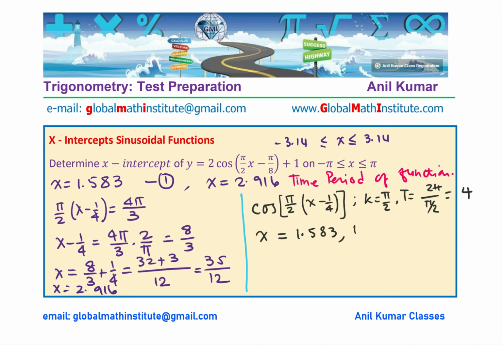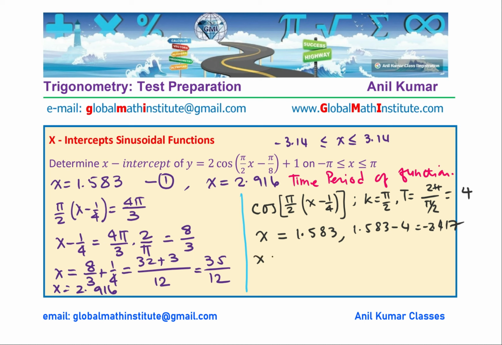So we could do 1.583 minus 4 to get the other solution. Do you see that? So 1.583 minus 4 equals what? In decimal, I get minus 2.417, right? And that is within the limit. So I have one more solution here, right?